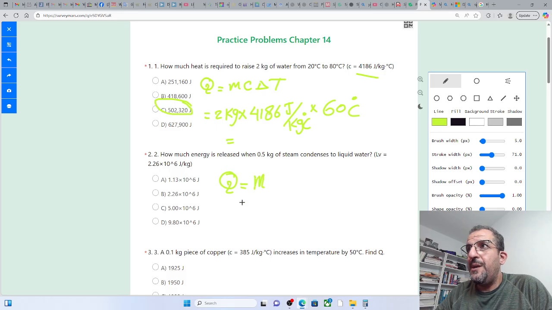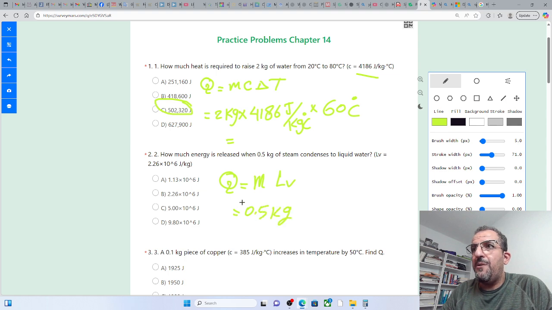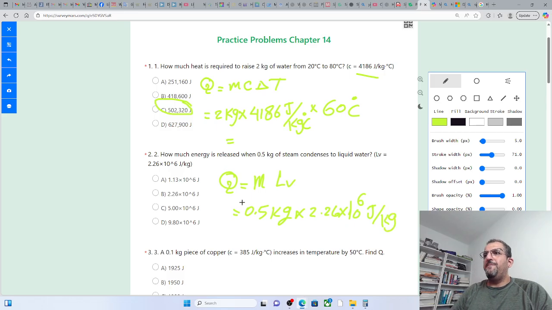So mass times L vapor, so that's equal to 0.5 kilogram times 2.26 times 10 to the power 6 joule per kilogram.